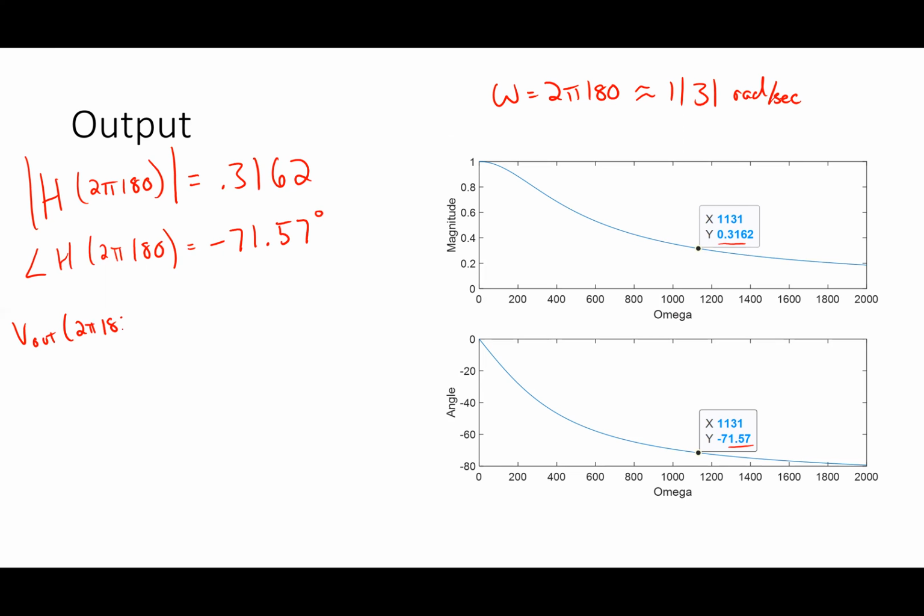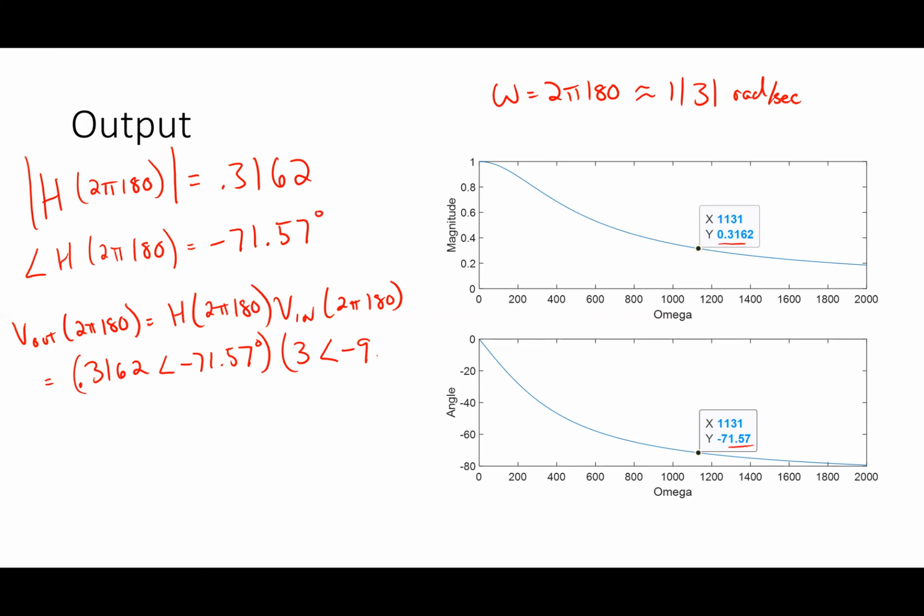Okay, so in that particular case, V out, the Fourier transform at that frequency 2 pi 180, is equal to the transfer function at that frequency times the Fourier transform of the input at that frequency. So I have 0.3162 with an angle of -71.57 degrees, times, if you look back a couple of slides, 3 angle -90 degrees.